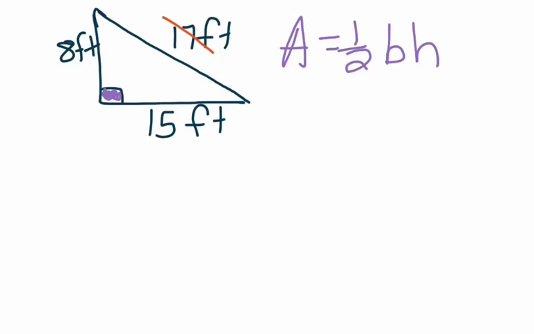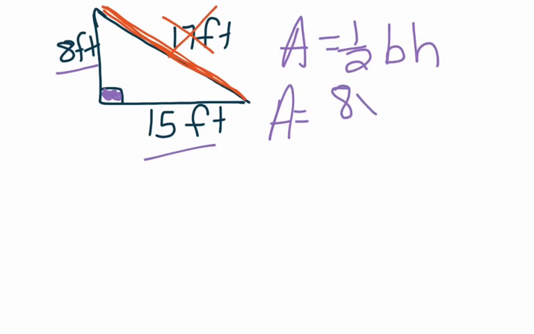We are not going to use 17. 17 is the measurement of what we call the hypotenuse, and we are not using that. So we are going to use 8 feet and 15 feet, so area equals 8 times 15 over 2.